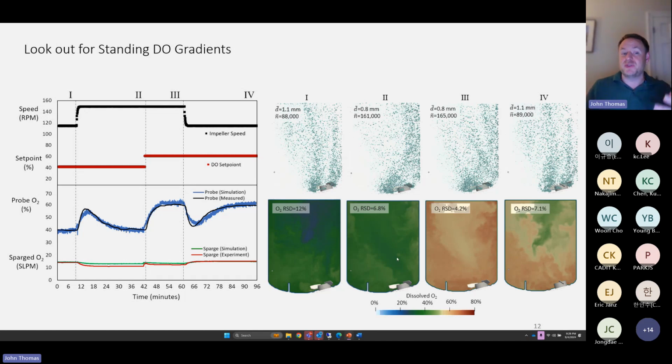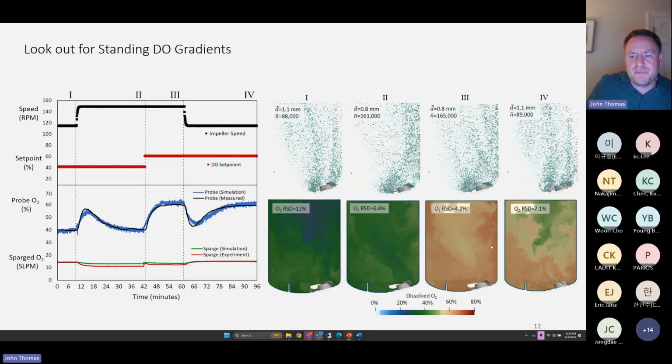So as an operator, this gives me guidance as I can quantify, as it were, what my DO gradients will be across my vessel and how those will be informed by my operating conditions in a way that experiment alone won't show me. That is, I can match what experiment will give me, and then beyond that, show what the experiment can't.